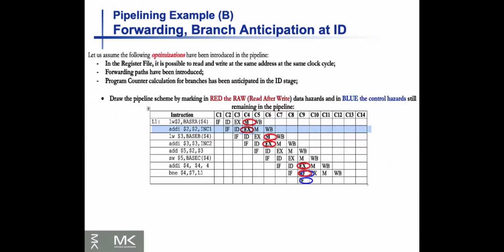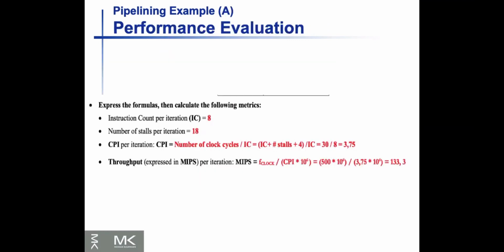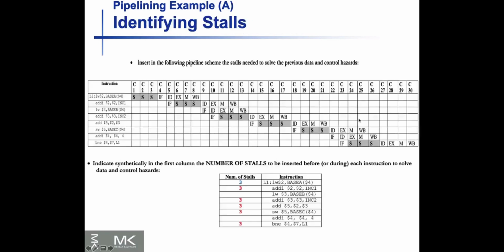Professor, for the stall question, do we need to write down in the chart where the stall is? This chart, you mean? No, normally you're not going to be given this chart because it would be messy to write.